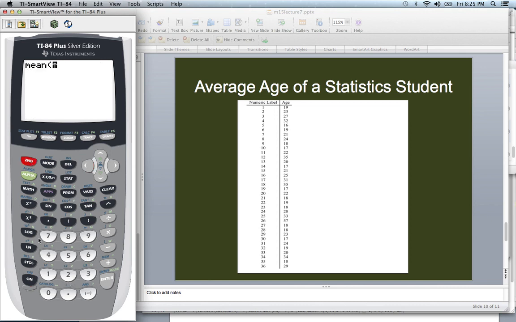What I want to find is the mean of list L1. I'll press enter. So the true average age for this class of students is about 23.7 years.